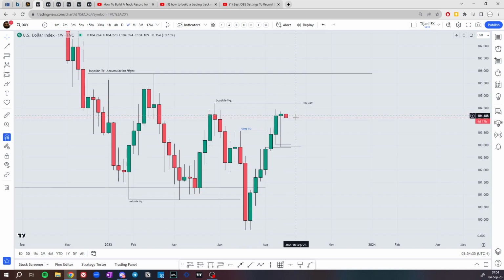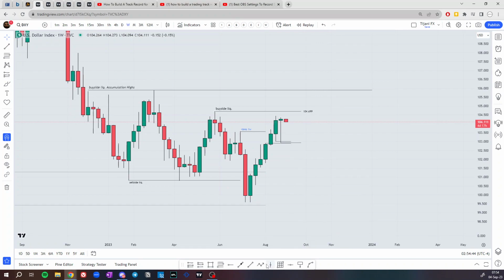Otherwise, we're going to see a continuation higher as price is just in contraction now, and I'm expecting an expansion higher like this, checking, like we said, the buy side liquidity above these highs here. So my invalidation level is the previous weekly low.